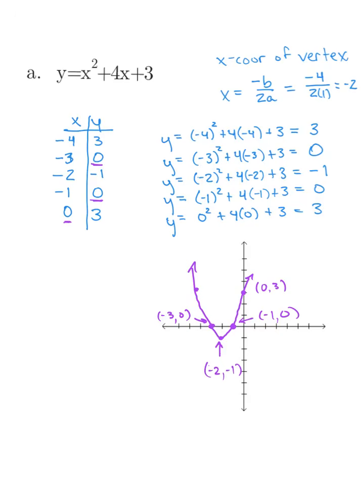The negative 4, 3, this is the only one that isn't a relevant point, but one of the reasons I suggest having that 5th point there is just to kind of balance out your quadratic, to balance out the parabola, so that you can see that it is symmetric on both sides.